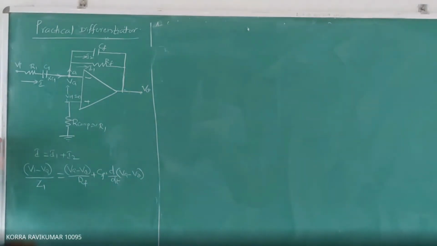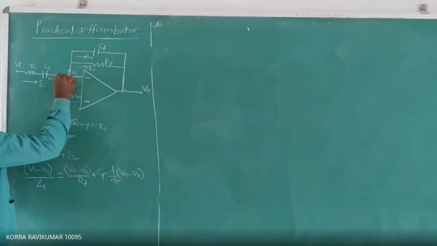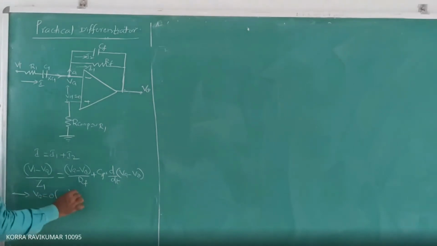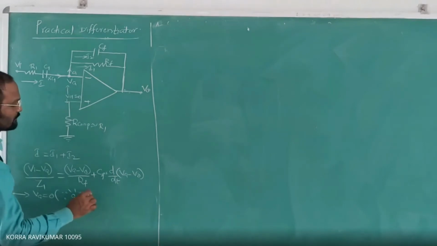Now, we know that at the virtual node, the potential is equal to 0. So VA is equal to 0, since A is a virtual node.